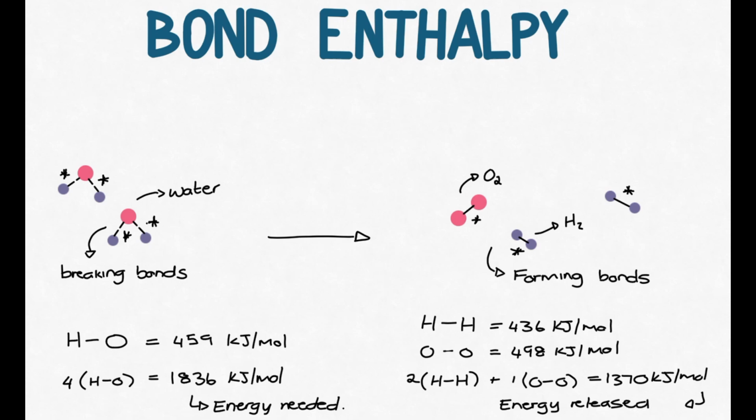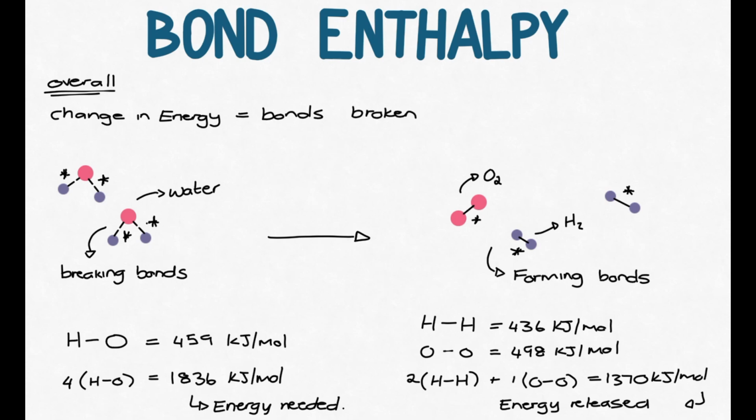We can then use these 2 values to get an overall energy change. Now, this change in energy will be the amount of energy needed to break the bonds minus the amount of energy released from forming the bonds.